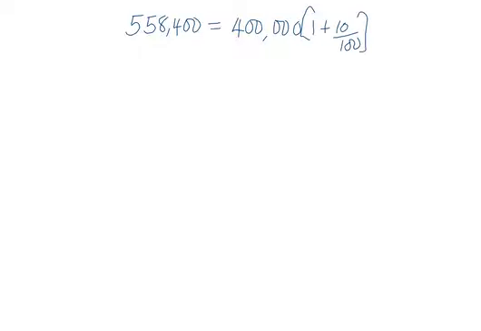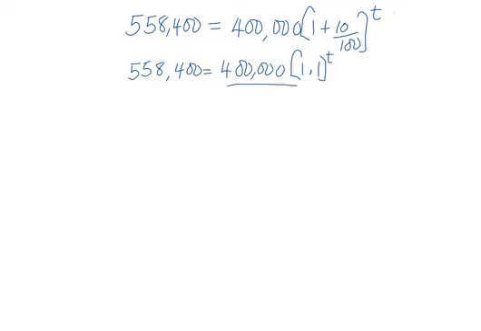So we say 558,400 is equal to 400,000 multiplied by 1 plus 10 over 100 raised to t. So 558,400 is equal to 400,000 multiplied by 1.1 raised to t.